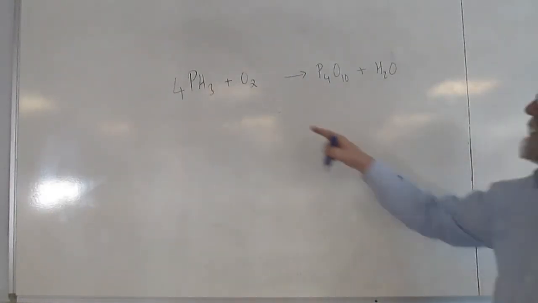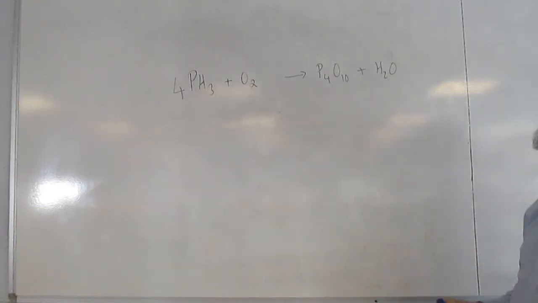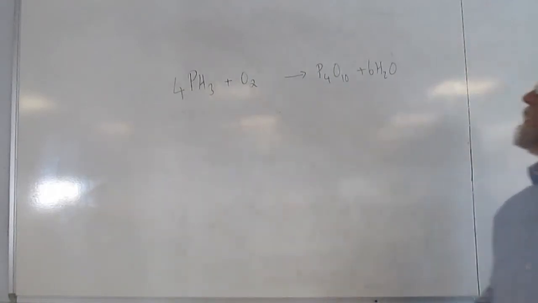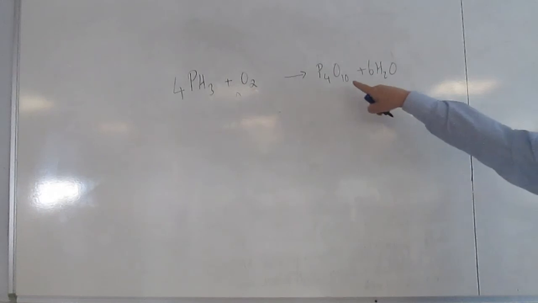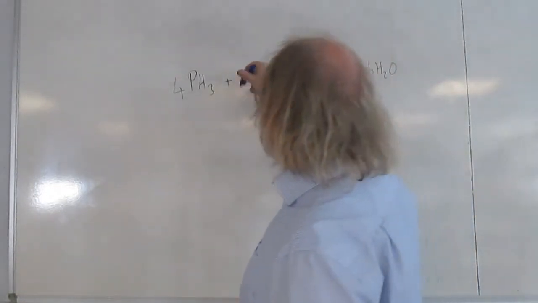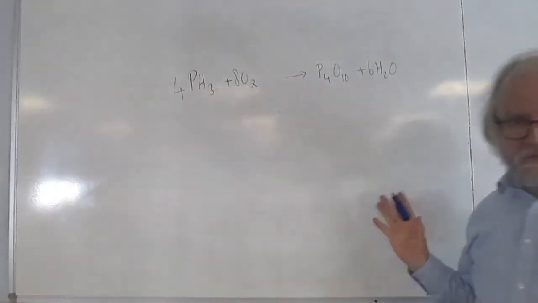And that gives us 6 hydrogens. No, it doesn't. 4 3s are 12 hydrogens, so therefore 6 H2O on the right hand side, and that just leaves this number to work out. So we've got 10 oxygens there, plus 6 makes 16 altogether, which is 8 lots of 2. So that's your equation. That's it for question 22.